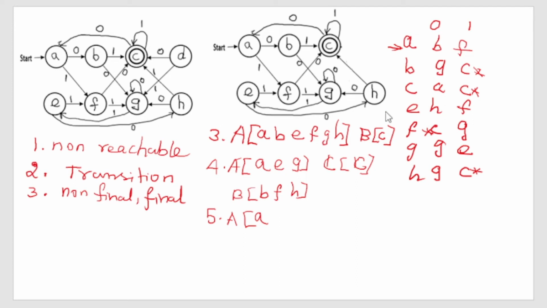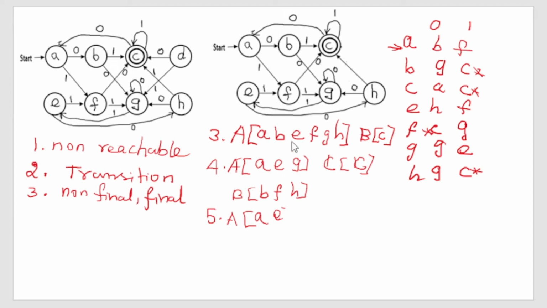While placing this, if more than one state leads to the same group, then we can group all those states in one group. So here A leads to B and F, which is available in B, and E leads to H and F, which is also available in B. So we can group A and E together, and take G. For G, the transition is G and E, which is available in the group A. So we can keep this in a separate group.